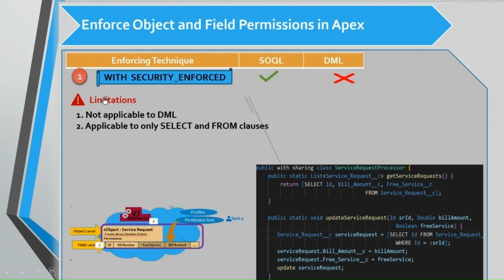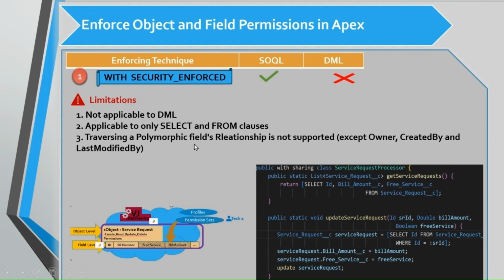The next limitation is that traversing a polymorphic field relationship is not supported except owner, created by and last modified by. That means if we have a query like this, here in a select clause we have a traversing of polymorphic field relationship, that is a polymorphic field called what, that we are traversing, that is what.name. If we use with security enforced for this SOQL query, we will get an error message.